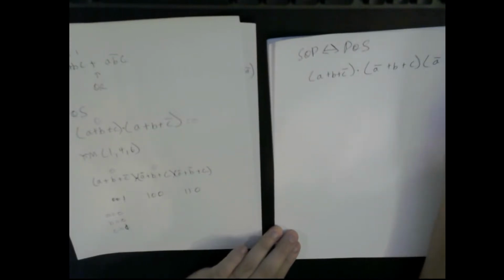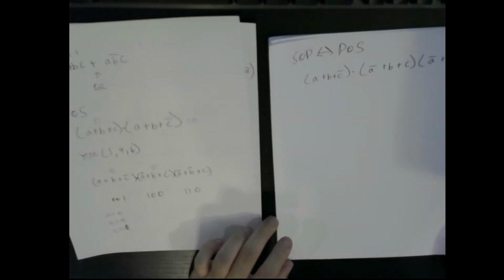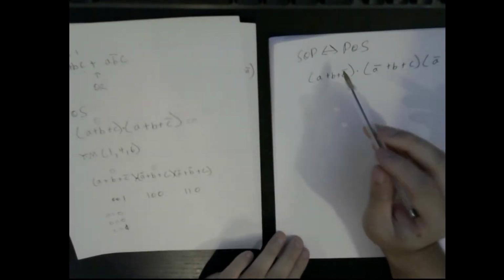It's going to be the same thing, I'm just converting it. So I want to go from having ORs with groups of ANDs to ANDs with groups of ORs. So what I can do is a clever application of DeMorgan's Law with this.